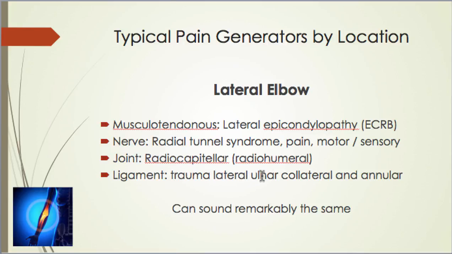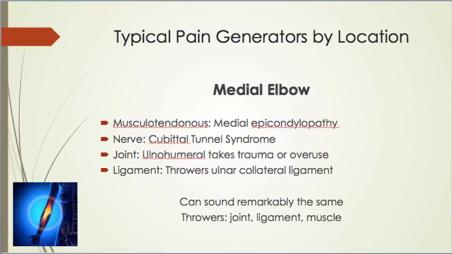Trauma can cause a lateral ulnar collateral ligament tear, which leads to instability, and an annular ligament tear, which causes problems, particularly in young children. So just understand, tendon problems are the biggest issue here, but there are mimickers that can make it sound like a tendinopathy when they're really something else.